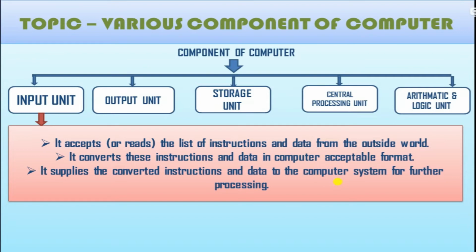So this input unit converts this analog signal or instruction into binary instruction, and also it supplies the converted instruction and data to the computer system for further processing. This is the input unit of a computer.